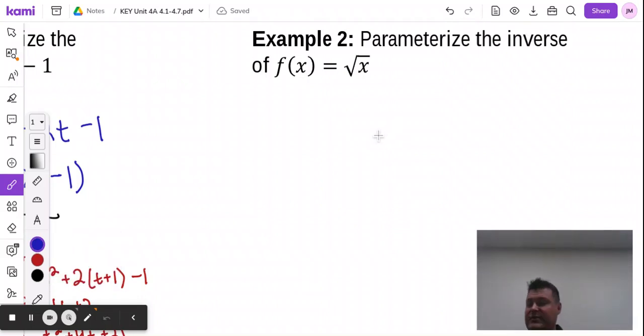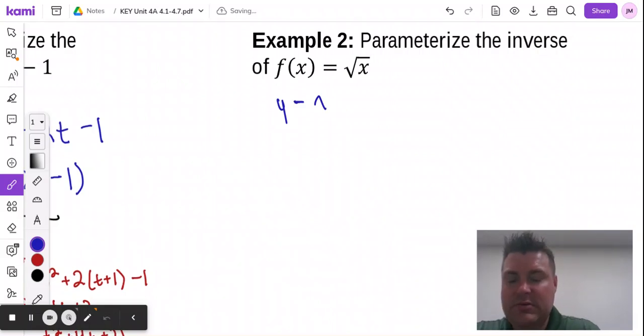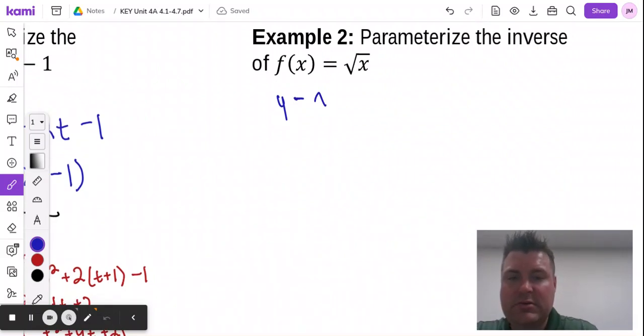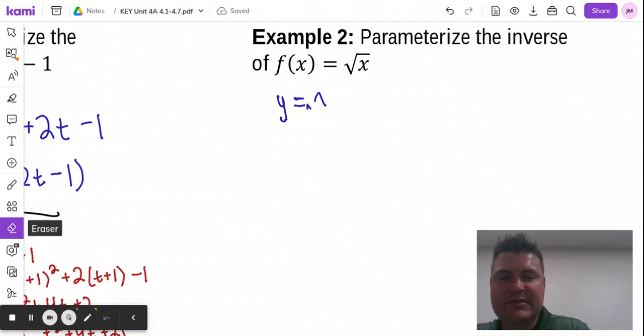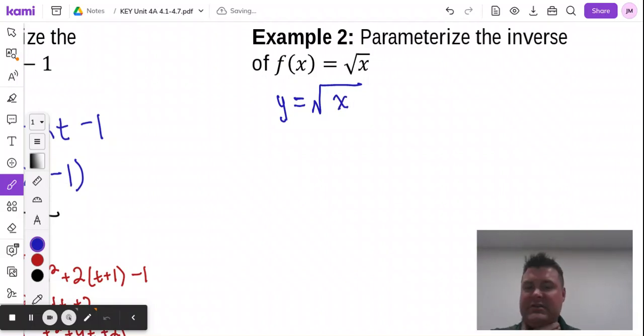What we're going to do real quick is solve for the inverse. So y equals root x.